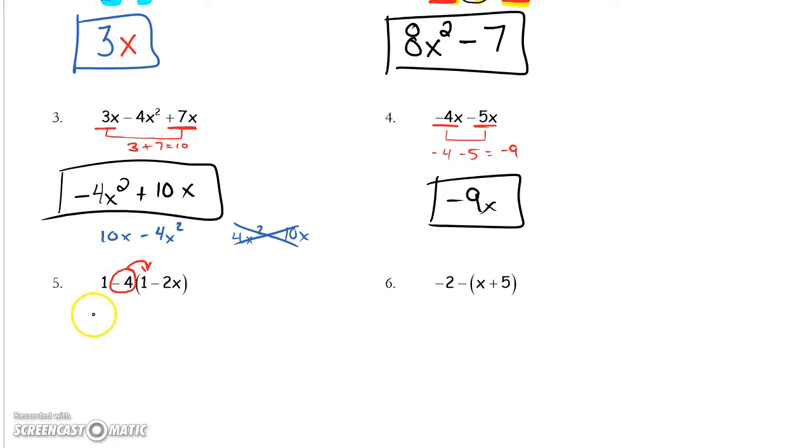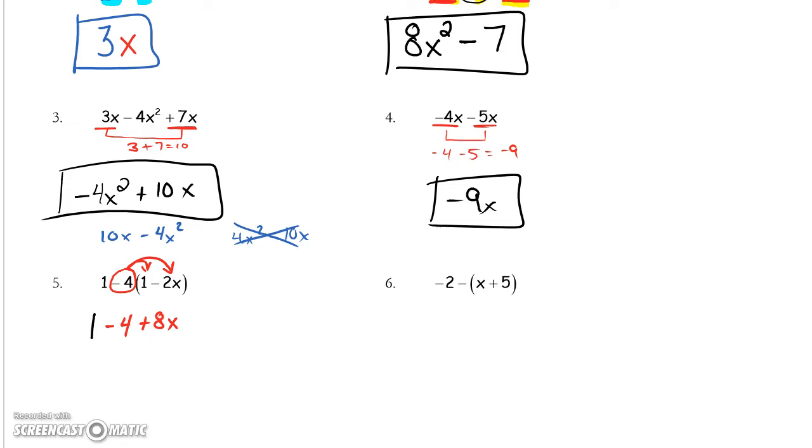This 1 will just be brought straight down. Negative 4 times 1 is minus 4. And negative 4 times minus 2x: negative 4 times minus 2 is positive 8, and then I have an x.